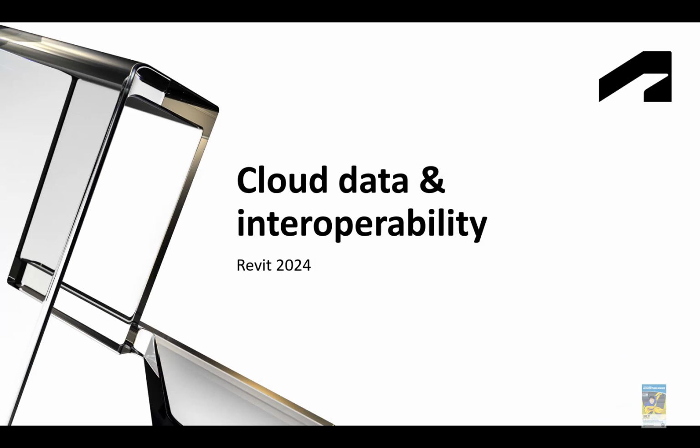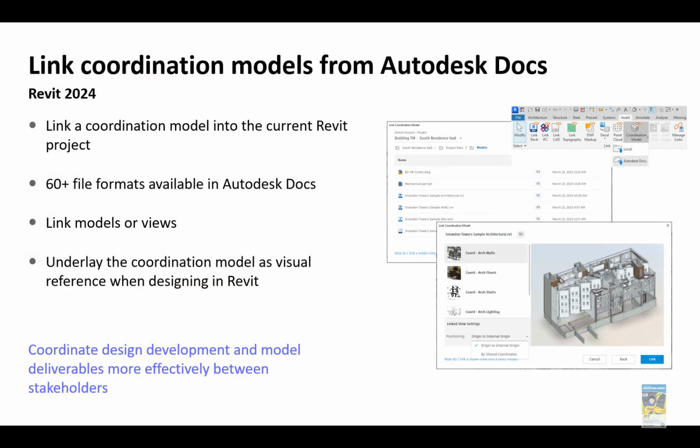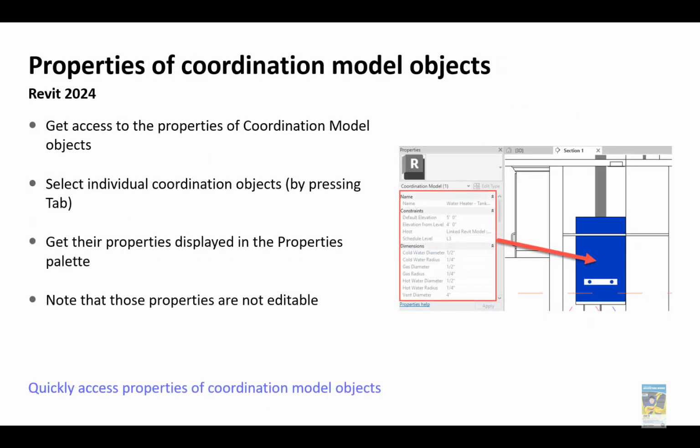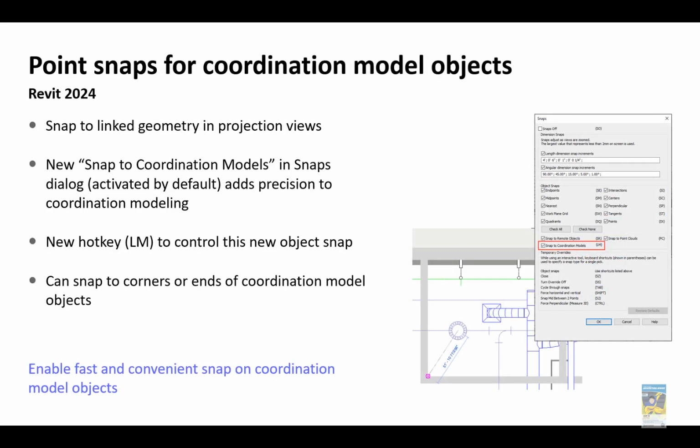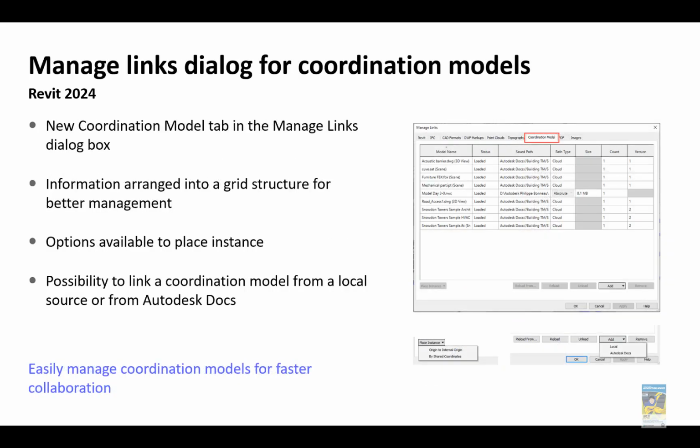In the area of cloud data and interoperability, you can link a coordination model into your current Revit project. Gain access to the property information of that coordinated model object as well. Even snap to linked geometry in that projected view. And then you have a new coordination model tab within the Manage Links dialog box.